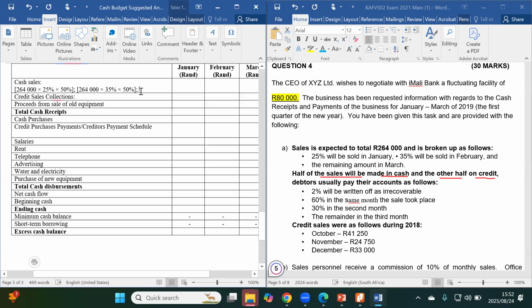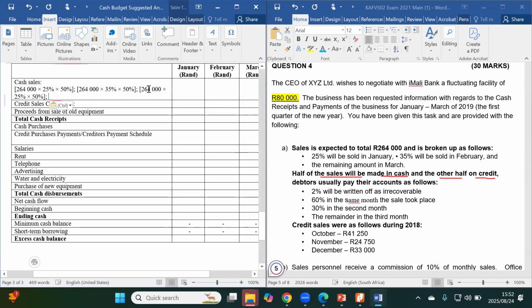Are we together? And then you take the 264,000, this time not multiplying it by 25, it will be multiplied by 40% to give us the one for the month of March. Are we together there? So this is how your calculation would look like.